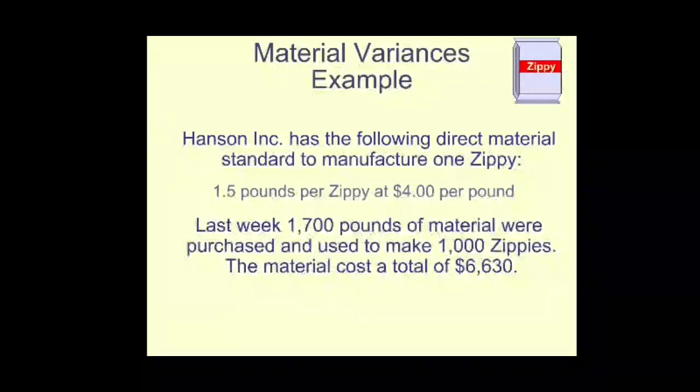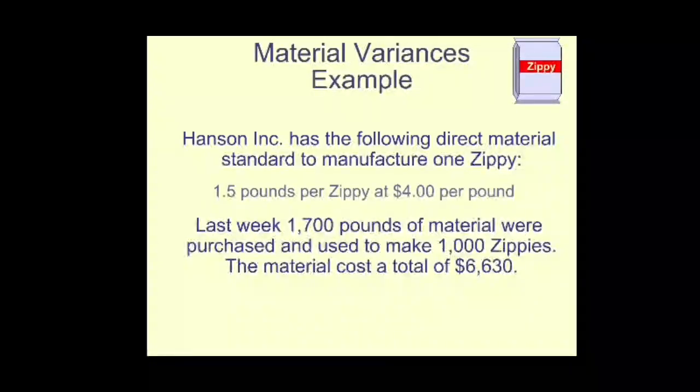Pound is the system used in the US. Here we use kilogram. 1 pound is around half a kilogram. So for this product, 1.5 pounds of material per product at $4 per pound. That is the standard data.